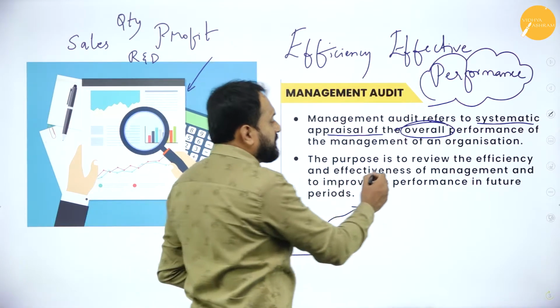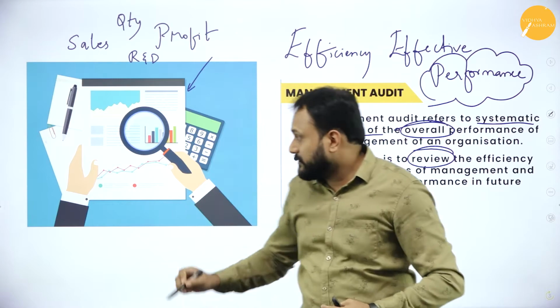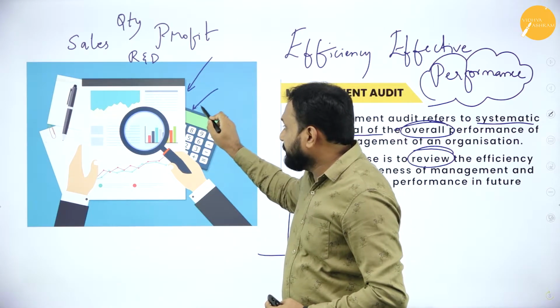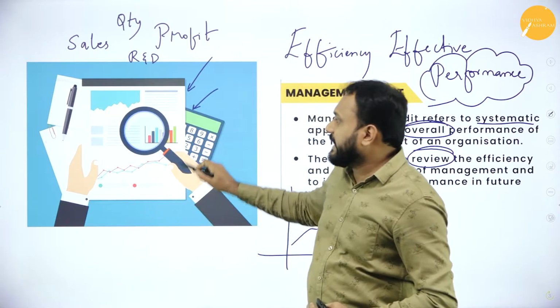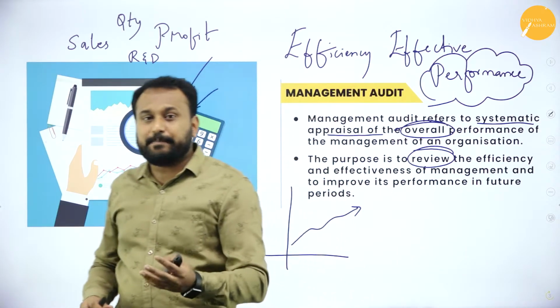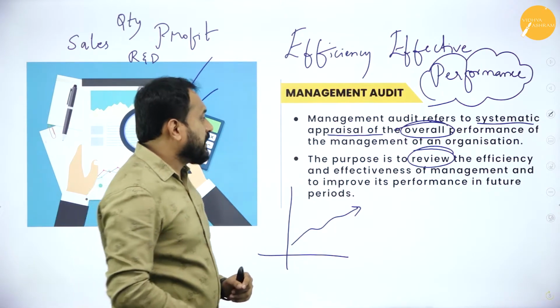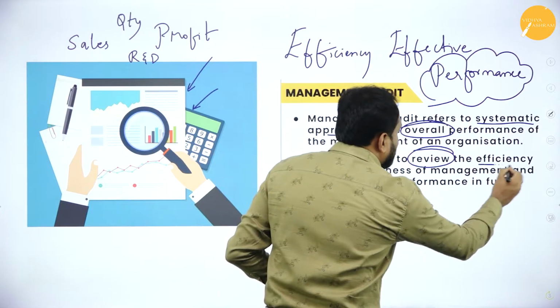The purpose is to review. See, this is what it is. The purpose is to review. Detailed things you are supposed to know. You need to know what exactly is happening. All minute data is also very, very important here. Review the efficiency.